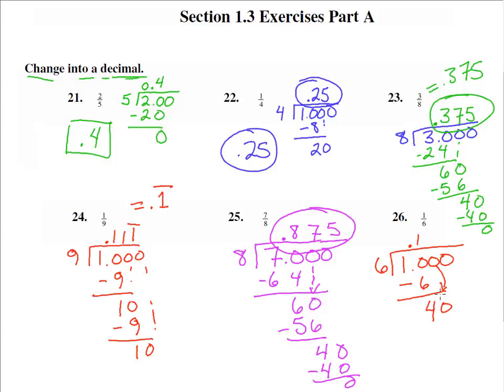You see 6 times 7 is 42. That's too big. 6 times 6 is 36. That's as close as we can get to 40. Subtract it, and we're left with another 4, 0. We're going to do 6 goes into 40 again. So yes, that's another 6. Get us exactly what we had before. And this pattern will continue on forever, so we can put the bar right over that.